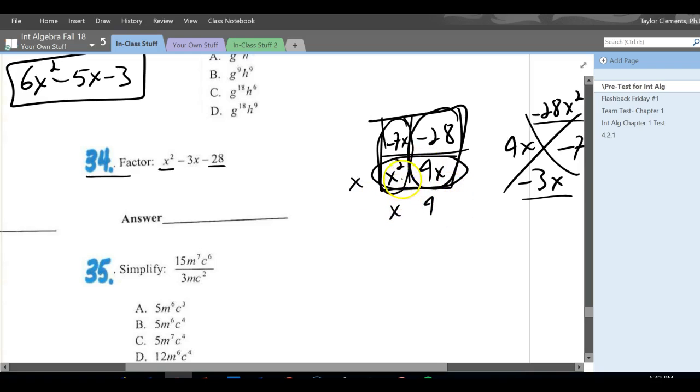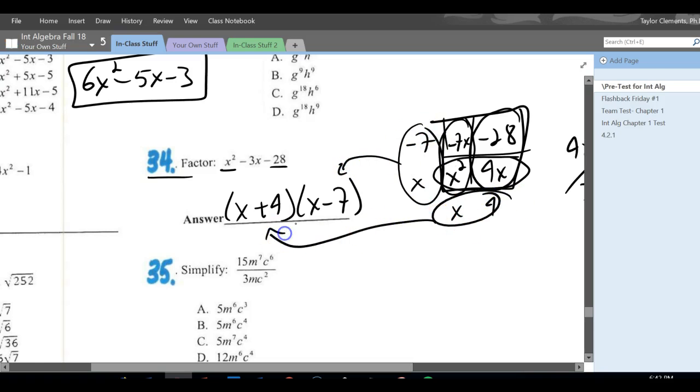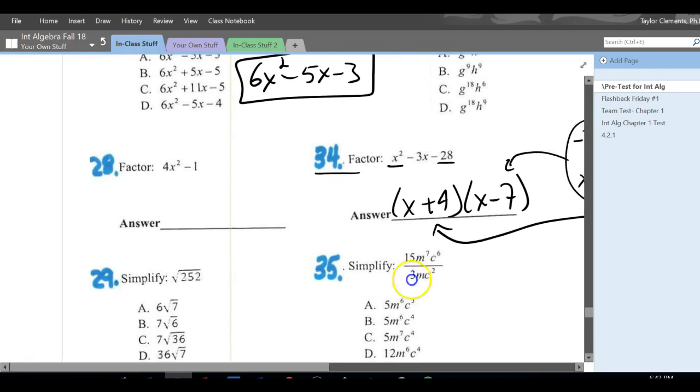And then you could look at it like x times what is negative 7x? Well, it's negative 7. 4 times negative 7 is negative 28. Good deal. So our factored answer is x plus 4 and x minus 7. So you take those and you put them right here, just like that.